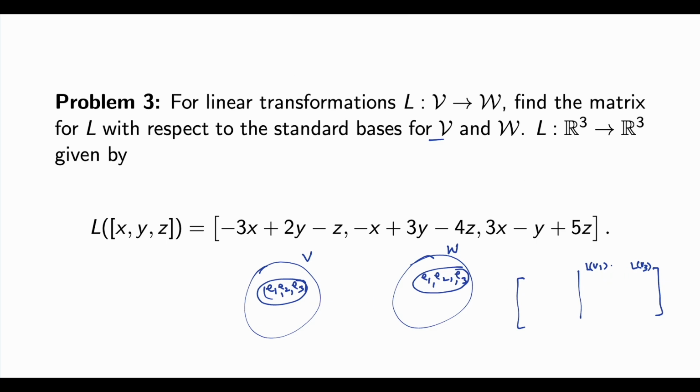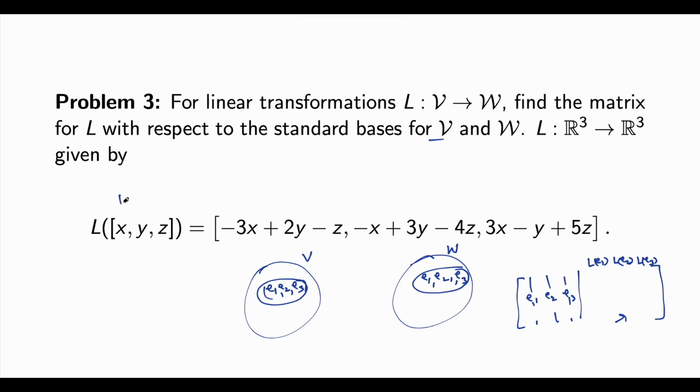So rather than this you can write L of E1, L of E2, L of E3. And you can write the basis for your W, E1, E2, E3, as column vectors. And there is no need of performing RREF because this is already the standard basis.